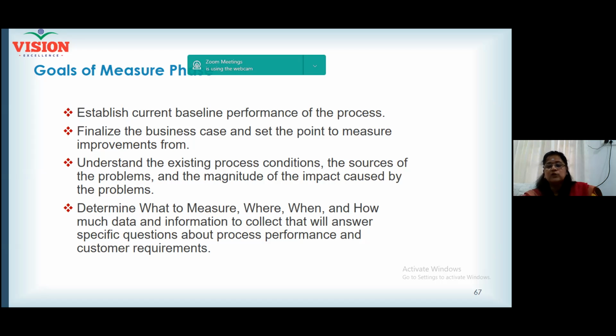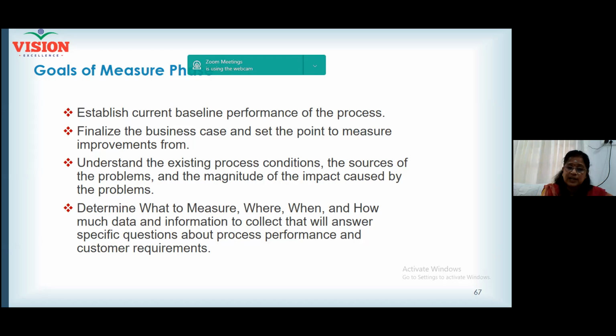Again, you will be using a Pareto and root cause analysis, fishbone diagrams, everything. Which measurement system analysis you have to do will be highlighted in the later sessions. And what is the magnitude of the impact caused by the problems?